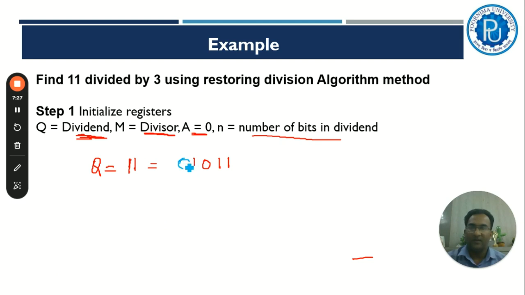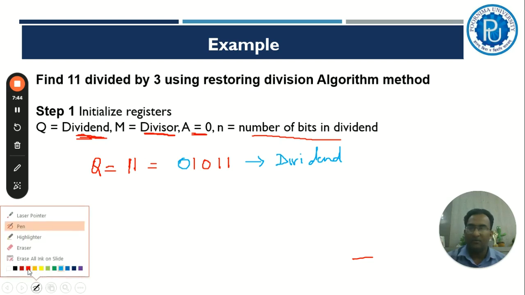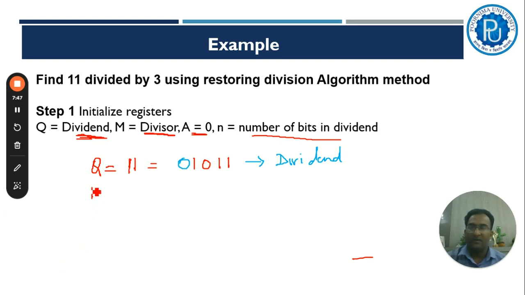So this is the value of Q, which is representing the dividend, right? Then we have the M register. M is going to hold the value of 3, which is 11.